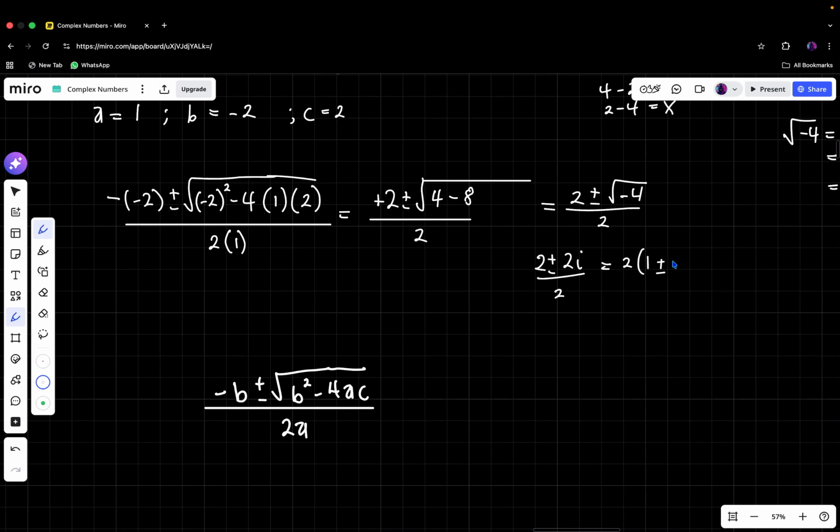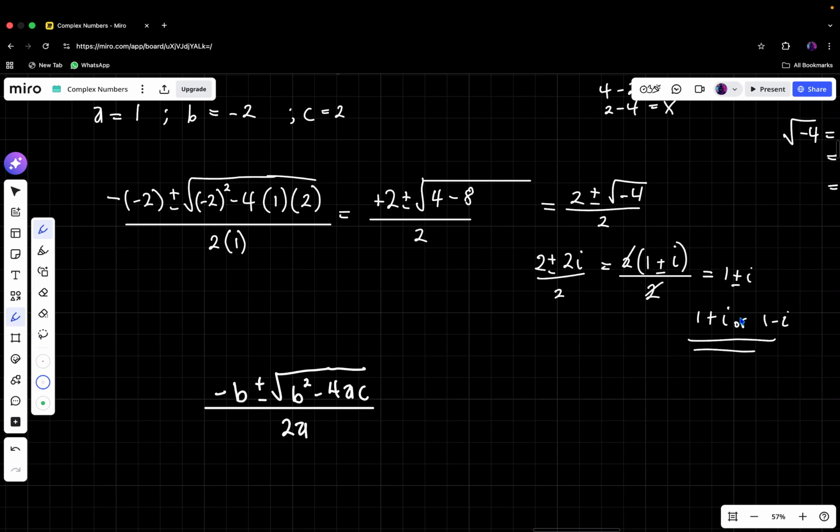So you'll be getting 2 times 1 plus or minus i, then this will be all over 2. So these 2 can simply cancel this 2. What are you left with? 1 plus or minus i. So it's either 1 plus i or 1 minus i, and this will be your final answer.